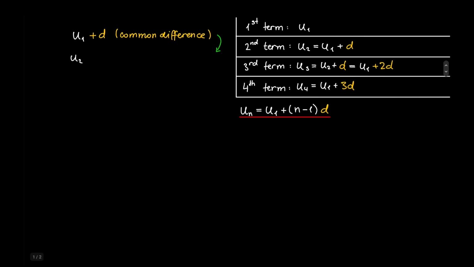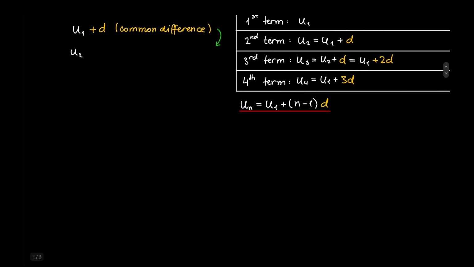So let's take a look at some examples. Let's say an arithmetic sequence has the fourth term u4 given by 18 and a common difference given by -5. So that means we have a decreasing arithmetic sequence. And we need to find u1, the first term, and the formula for the general term.